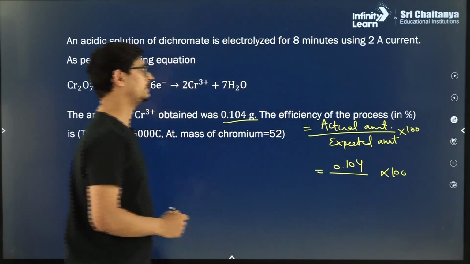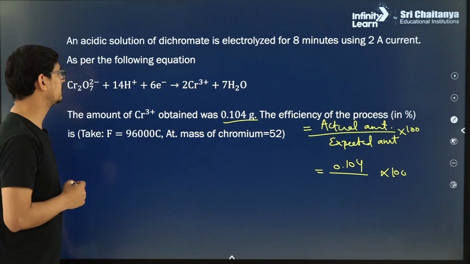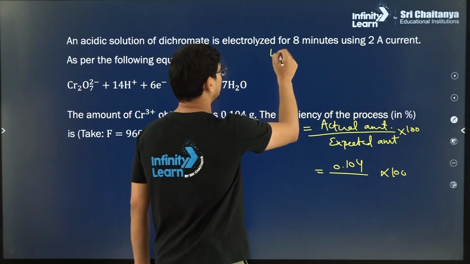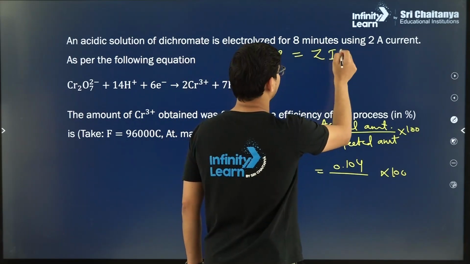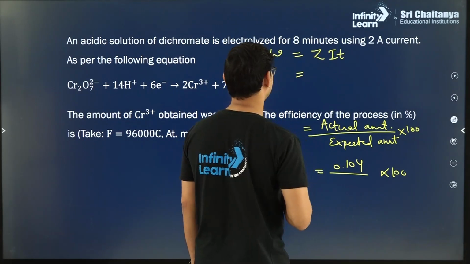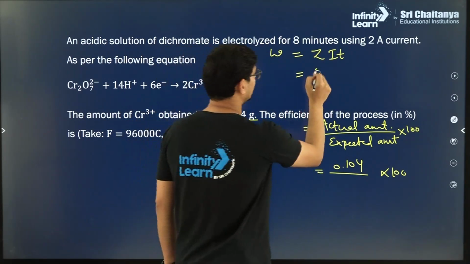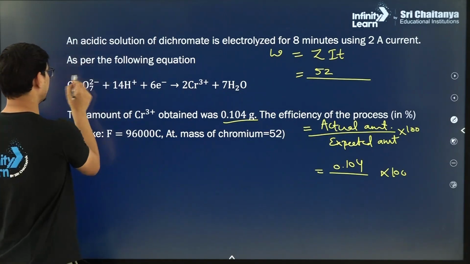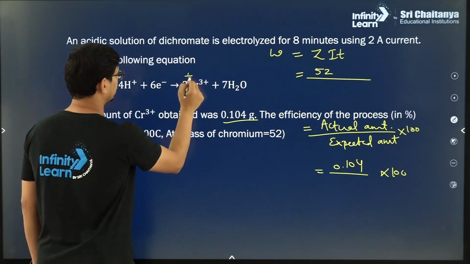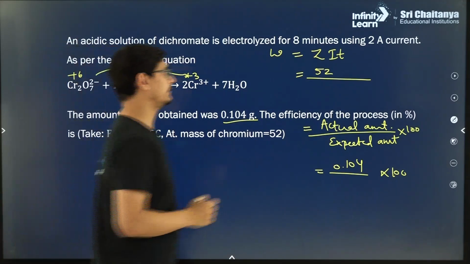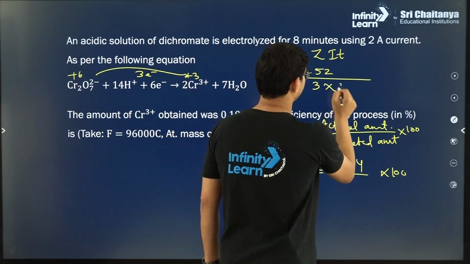Now expected amount can be easily calculated using Faraday's first law of electrolysis, which says that W is equal to ZIt, right? So Z is electrochemical equivalent, this is equivalent weight, which is 52 divided by n factor, the number of electrons transferred. So chromium is going from +6 to +3, so 3 electrons are transferred, right? So n factor is 3 divided by Faraday constant.